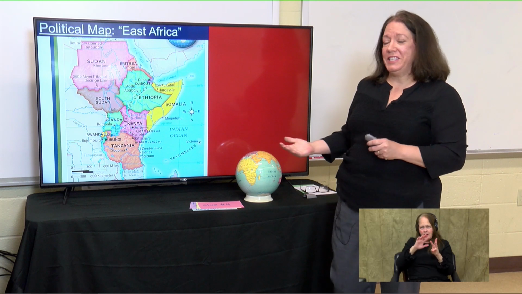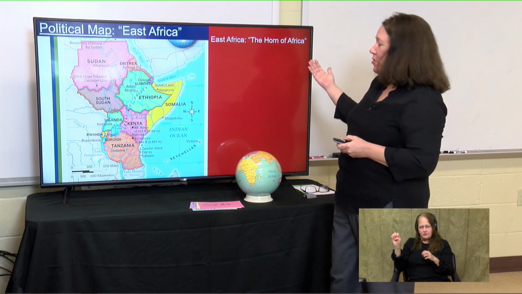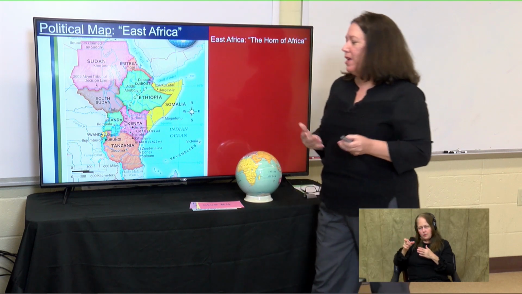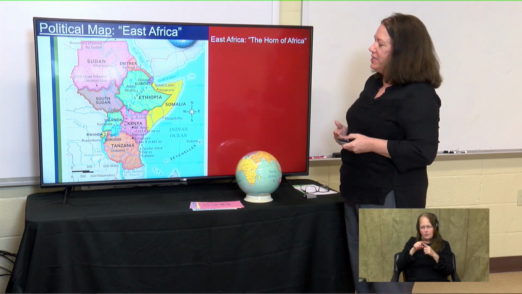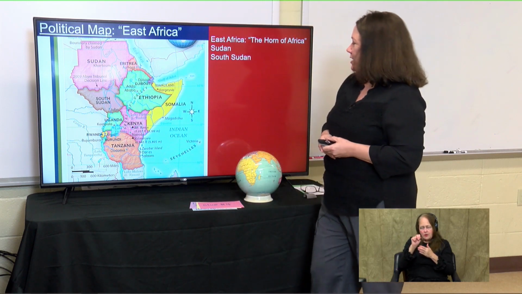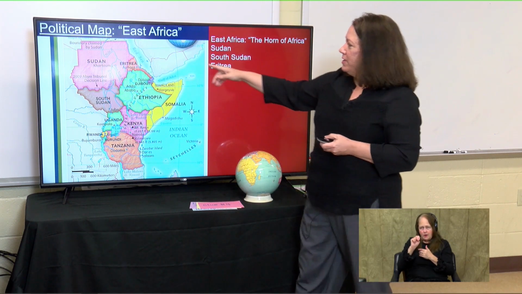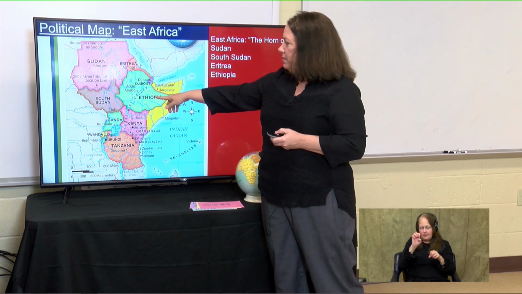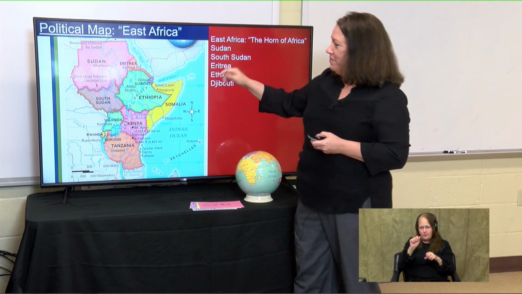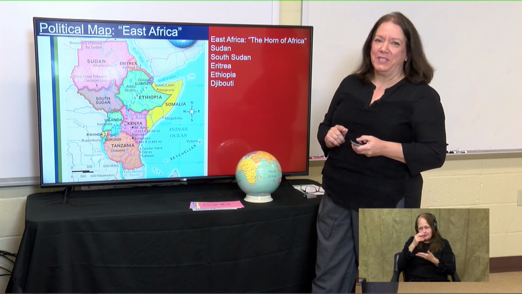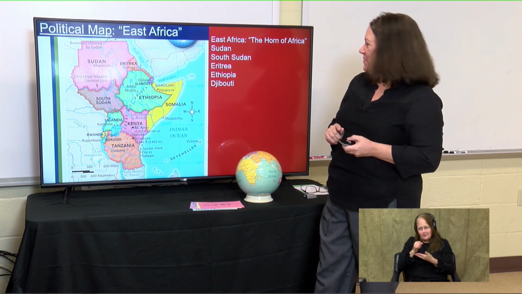Let's move over to East Africa. This is sometimes called the Horn of Africa. Do you see that horn shape there? Some people liken it to the horn of a rhinoceros. We'll start first with Sudan, and then South Sudan. Next to it is Eritrea on the Red Sea, Ethiopia, Djibouti, and I know that some of you are giggling right now. That's always a favorite for some of my students. Say it with me, Djibouti.